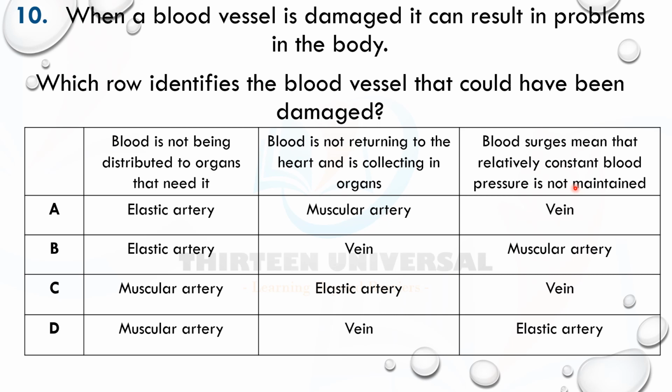So which vessel carries blood at high pressure? Artery. Which one is actually an elastic artery? That's the aorta. The aorta is closest to the heart and carries blood at high pressure, so it has a lot of elastic fiber. So it's an elastic artery. So the answer is D.